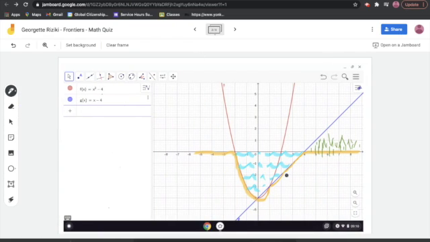I think this is equal to 17. So yeah, I hope that is correct. If it is not, then at least I tried.